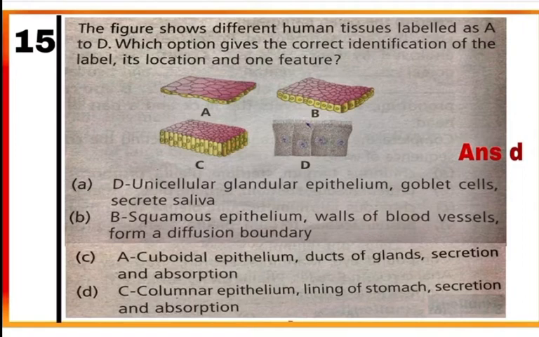In the given figures A, B, C and D, figure C is columnar epithelium located in the lining of stomach and help in secretion and absorption. Let us now see other figures also and identify them. Figure A is squamous epithelium, B cuboidal epithelium and D columnar cells bearing cilia.